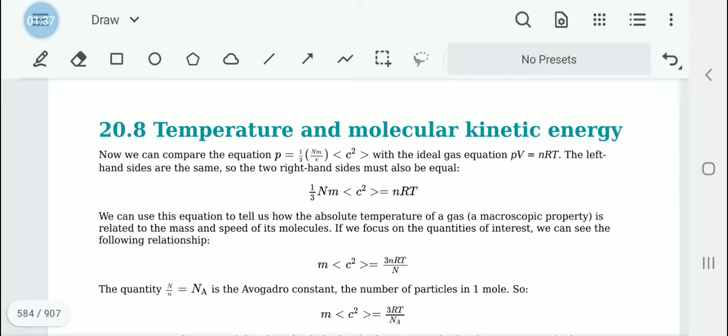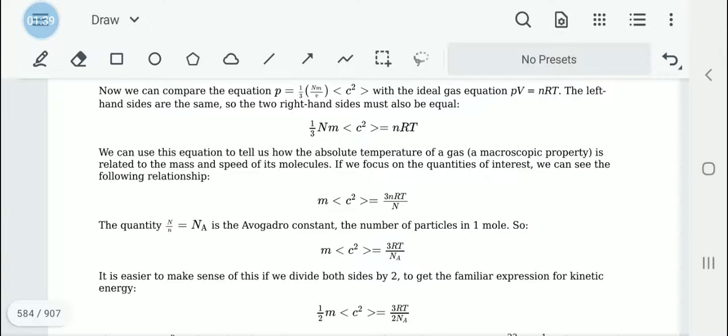Then we can use it to find out how the absolute temperature of a gas, that is a macroscopic property, is going to be related to the mass and speed of its molecules.